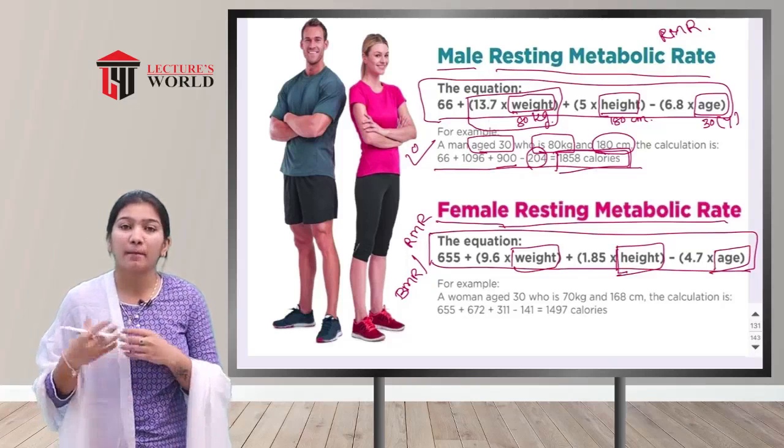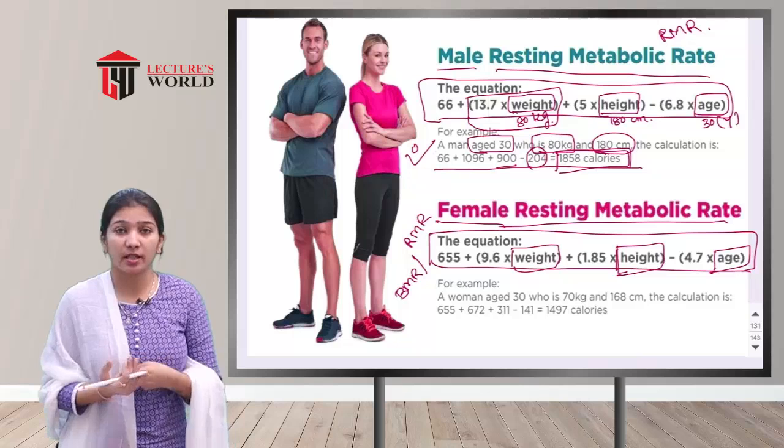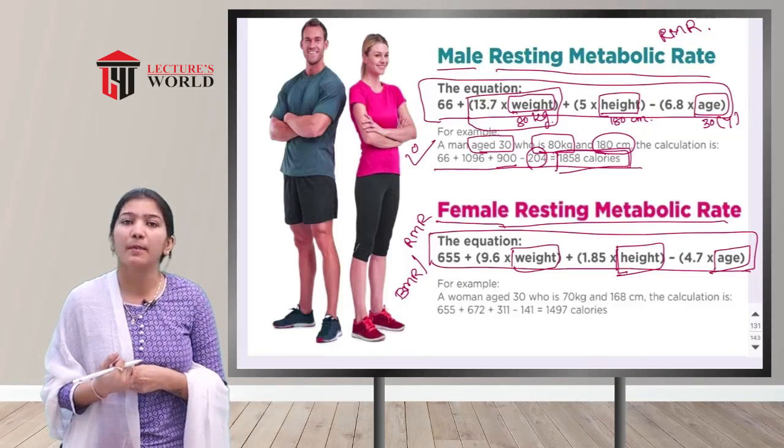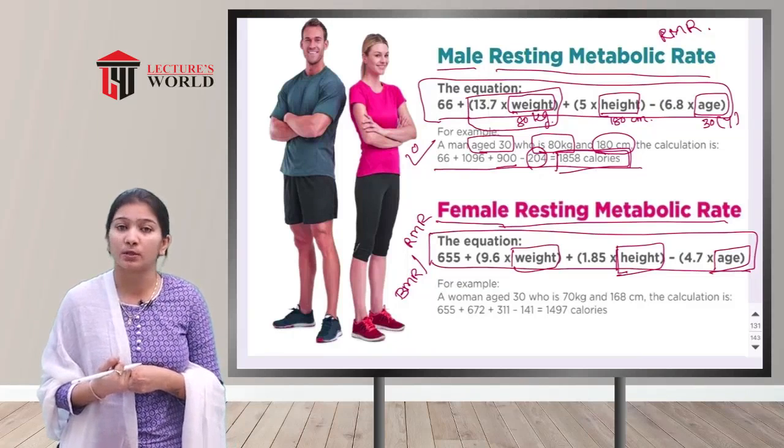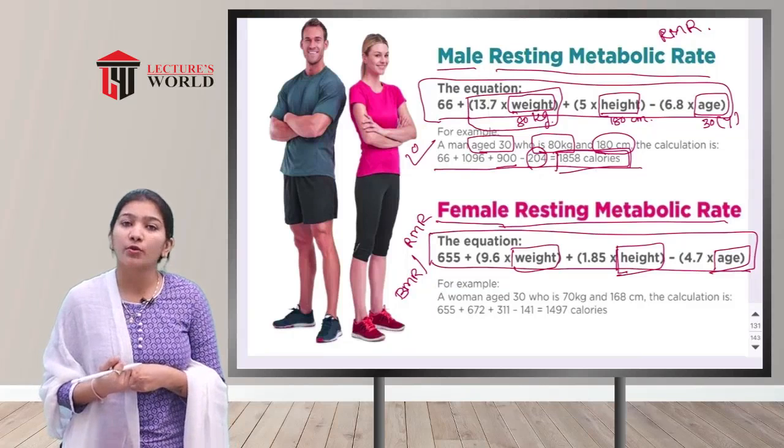Same as males, you need to remember three things while calculating the basal metabolic rate for females: your weight, your height and your age.